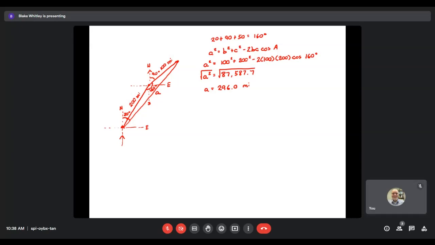So I'm going to use the law of cosines again, and I'm going to label my triangle just so we remember how we had all this set up. Remember, I was using 100 as side B, so angle B is down here. Angle C is going to be up here.